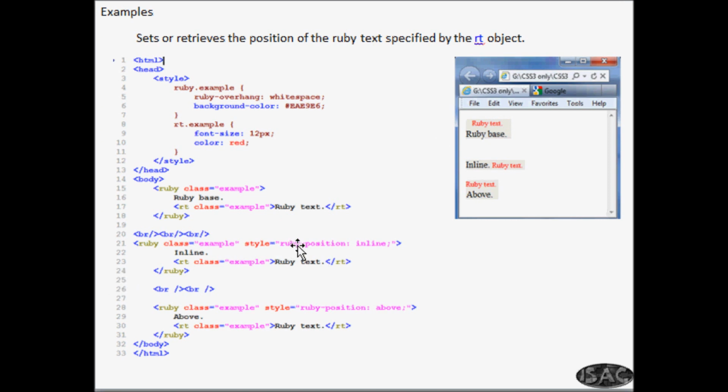Now here if you write Ruby position inline, it is along with the text, right? If you say here Ruby position above, it is coming above. So we can use Ruby position where you want the text, on the top or inline or below, that you can use.